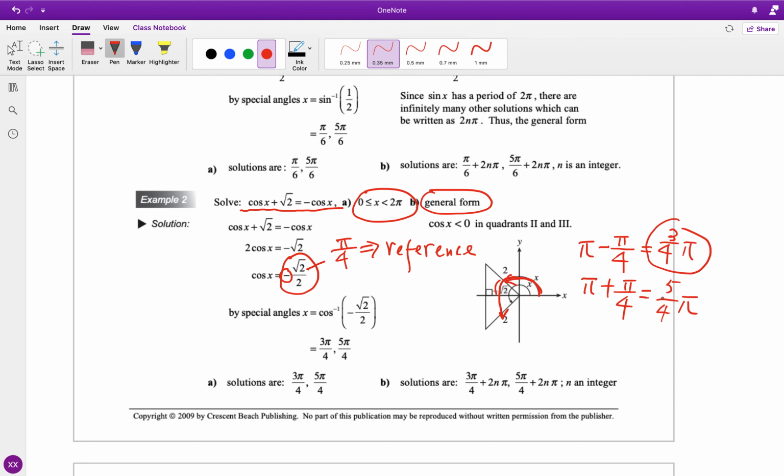As I said, you always have 2 solutions within this 4 quadrants range. Now, writing into general form, that's this solution plus 2n pi, another solution plus 2n pi, and n is an integer because n can also go to -1. If n is 0, that means these 2 here.